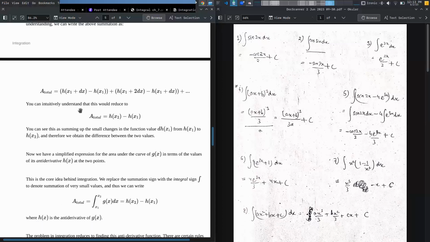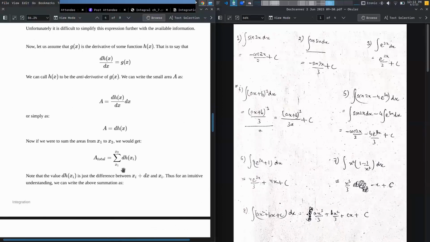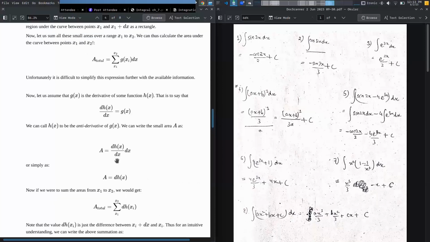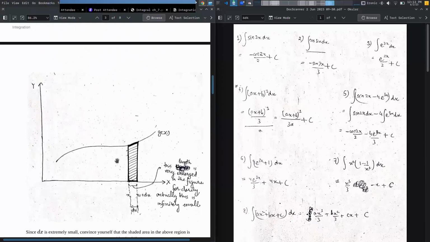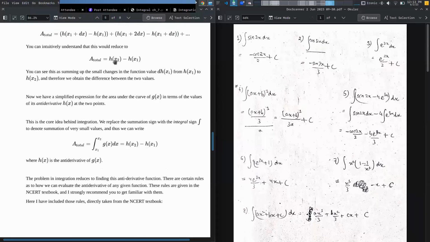You could intuitively understand that this would reduce to h(x2) minus h(x1), because we are summing up small increments in the function value, small changes dh(xi) from h(x1) to h(x2). Therefore, we'll obtain the difference between the two values.